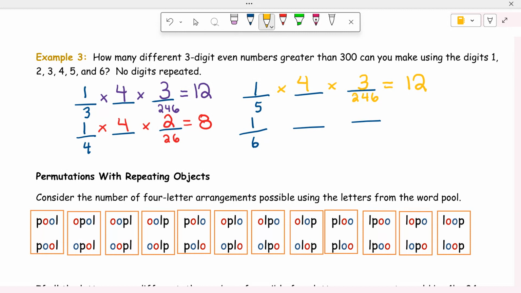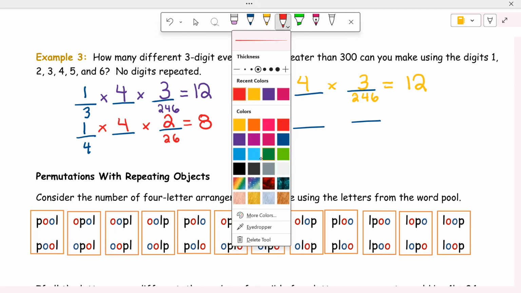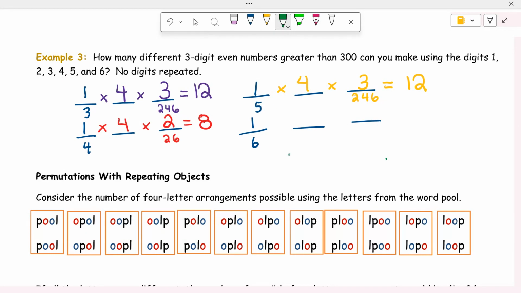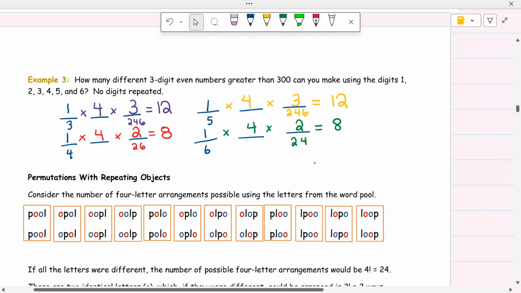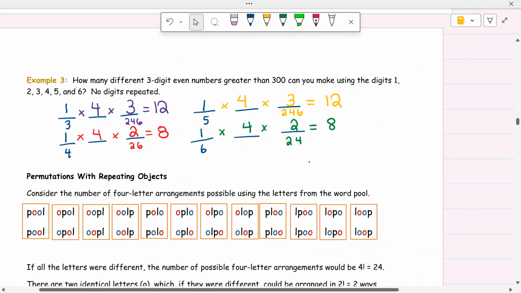And then my last one is like my second example. And so then this could be a 2 or a 4. So I only have 2 choices and then still 4 numbers left over. So then my total is 40.